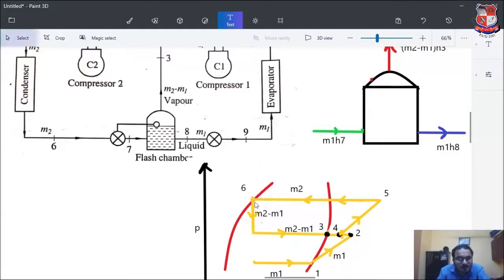Then from 6 to 7 expansion is happening, and it is of full mass, that is M2.